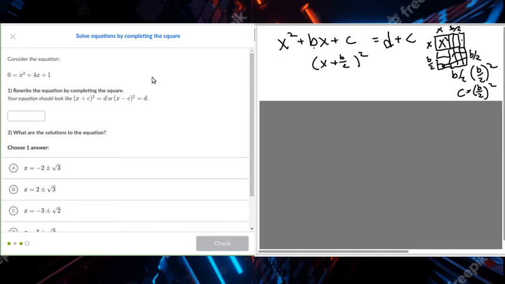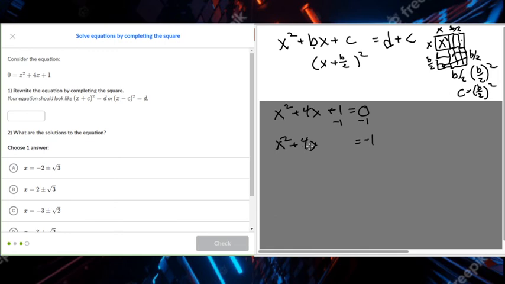All right, so our last one here. We're going to do the equation x squared, I'm going to turn this around, plus 4x plus 1 is equal to 0. And we're going to subtract 1 from both sides. Get x squared plus 4x equal to negative 1.